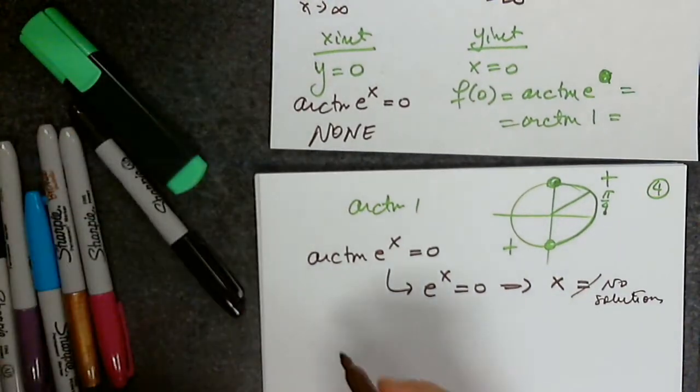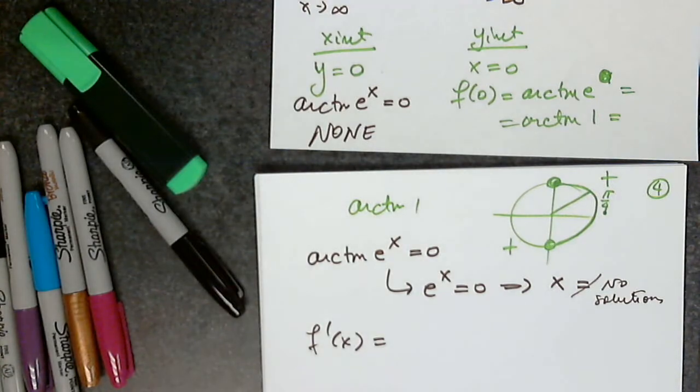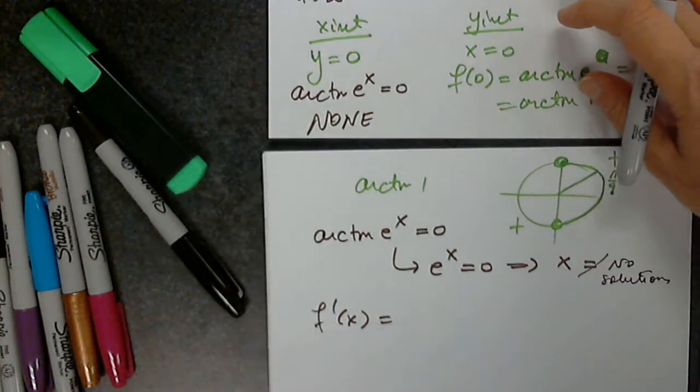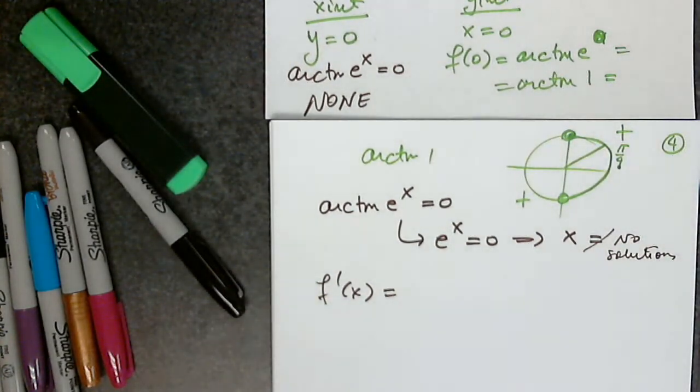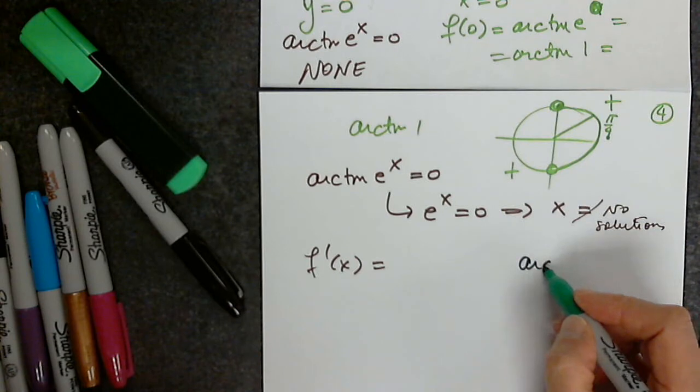Okay, f prime of x. I have to differentiate arctangent e to the x. What is the formula for the derivative of arctangent? 1 plus x squared. Very good. So let me write it on the side for you.